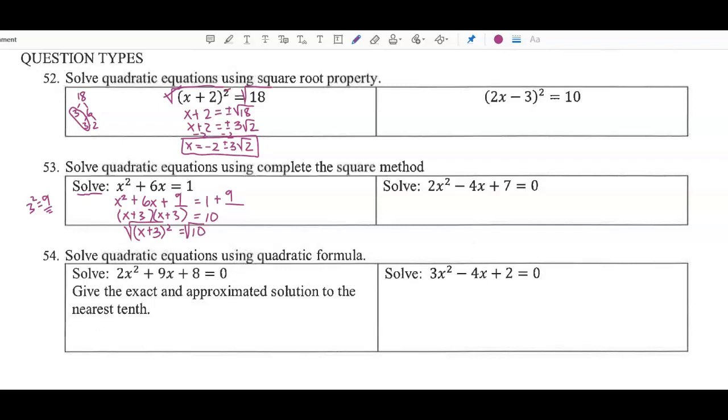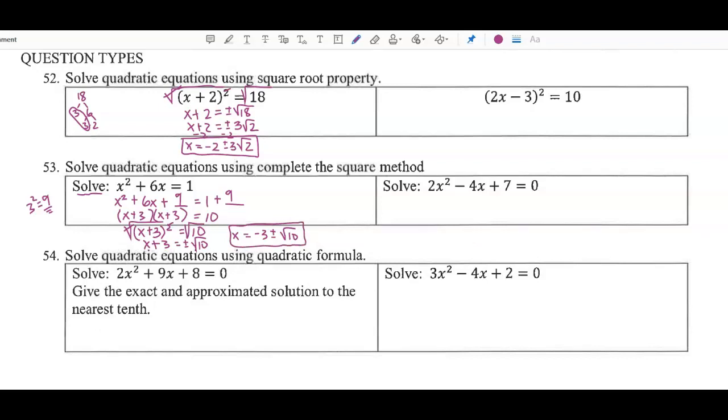So now we just have x plus 3 equals plus or minus the square root of 10. Right, make sure you remember that plus or minus. And then the last step is to subtract the 3 over, so that will give us x equals negative 3 plus or minus the square root of 10. And that would be our answer here.